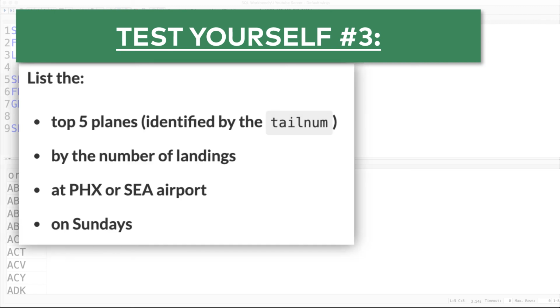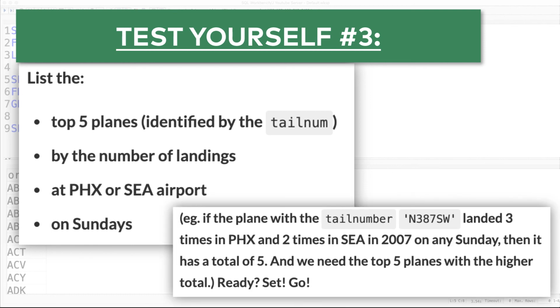List the top 5 planes identified by the tail number by the number of landings at the PHX or SEA airport on Sundays. So, for instance, if the plane with the tail number N387SW landed 3 times in PHX and 2 times in SEA in 2007 on any Sunday, then it has a total of 5.